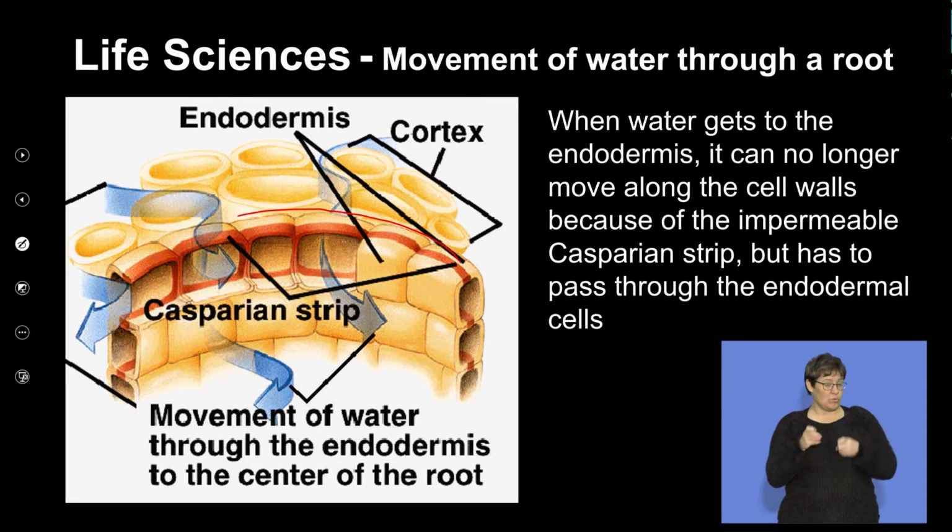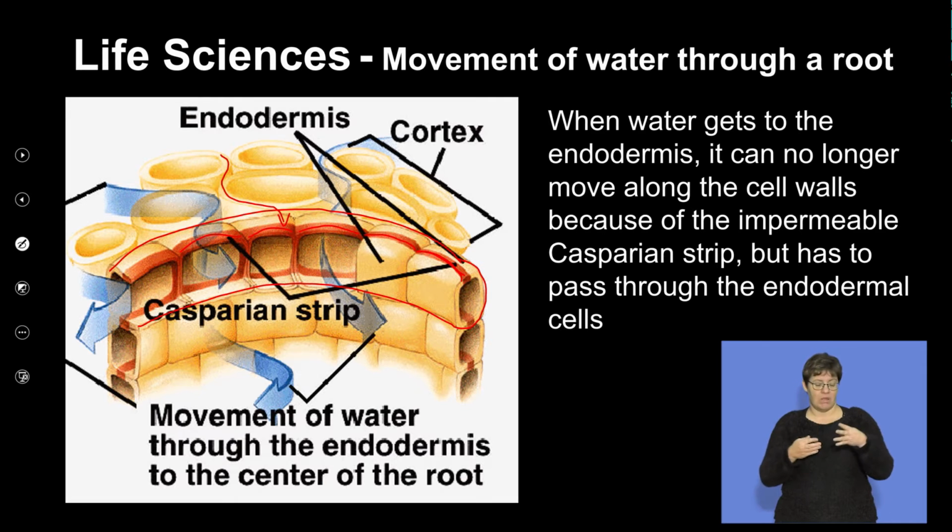This is your endodermis, and the endodermis has a thick strip of impermeable substances in the cell walls. So if water's coming along the cell walls, it can't go through the cell wall Casparian strip because it's impermeable.